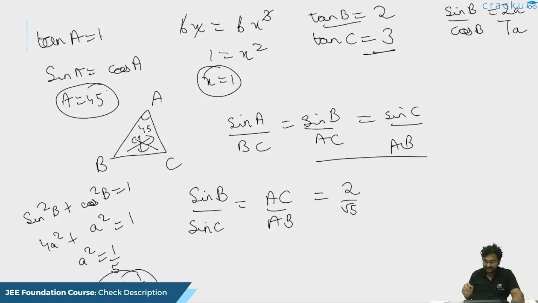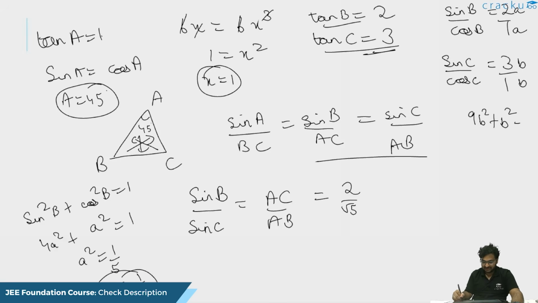And what will be sin C? Similarly, we know tan C is equal to 3. So sin C upon cos C is equal to 3, this is 3 by 1. So let this be 3b by b. So sin square C plus cos square C, which is 9b square plus b square, is equal to 1.